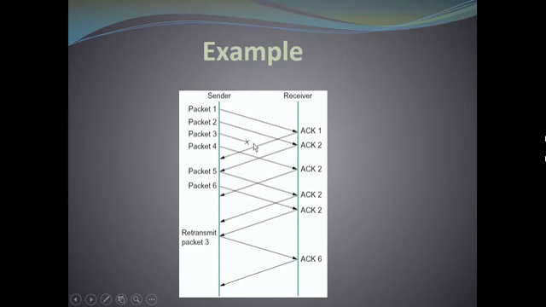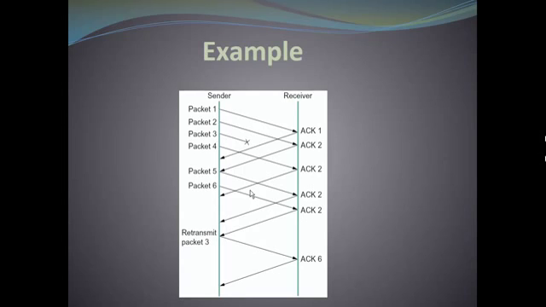Thus, the destination will send a duplicate acknowledgement for packet 2 when packet 4 arrives, again when packet 5 arrives, and so on. When the sender sees the third duplicate acknowledgement for packet 2, the one sent because the receiver had gotten packet 6, it retransmits packet 3.